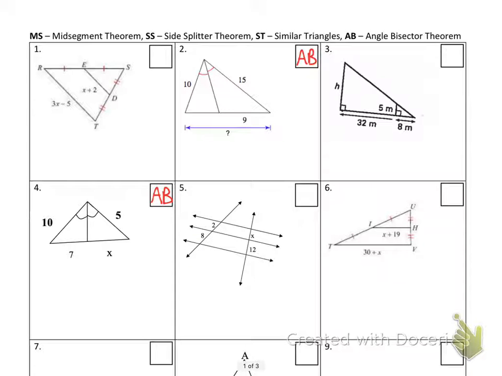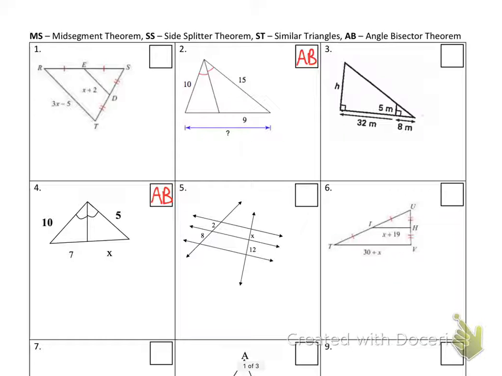And what is it we're looking for in mid-segment? Let me ask this, what is the clue, what is the giveaway that it's going to be a mid-segment problem and not anything else? Yeah, it's splitting the sides into equal halves, and what you're going to see are these congruency marks.